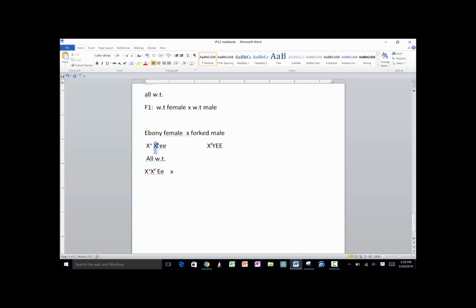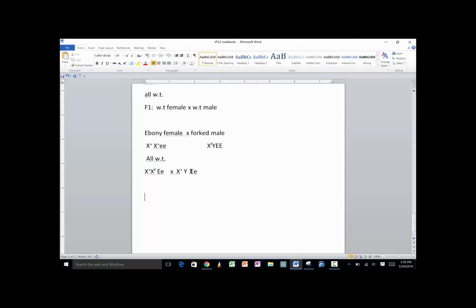The male got this X chromosome from mom, and got this Y from dad, and he's also heterozygous for ebony.